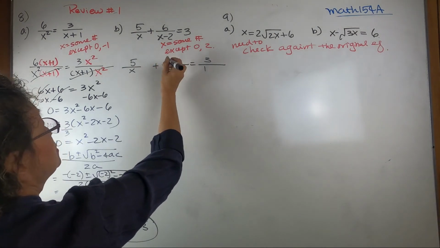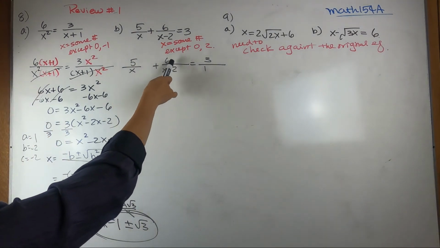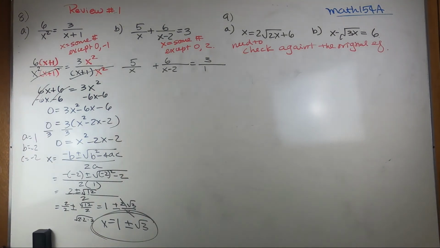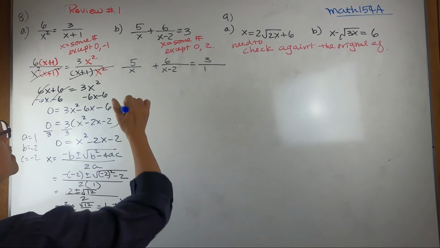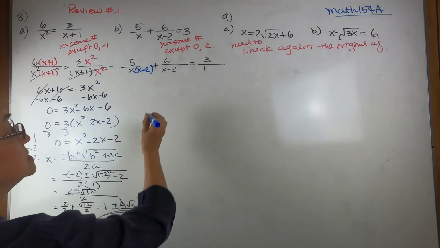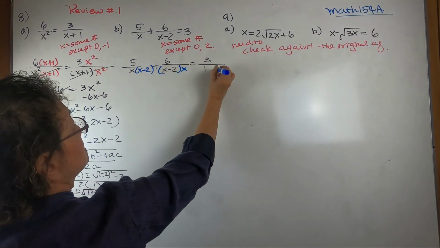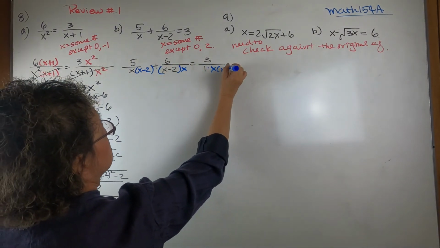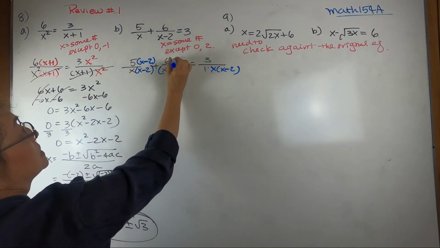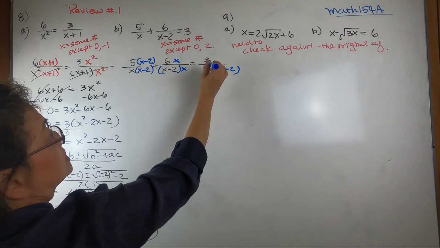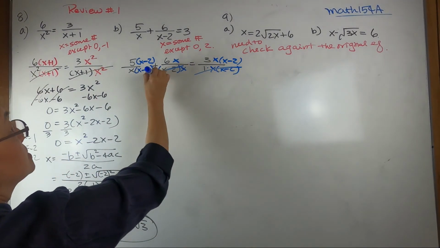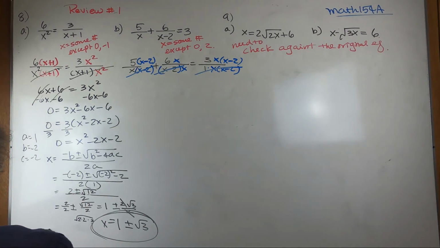So this is my original: 5 over x plus 6 over x minus 2 equals 3. So I just write it separately so I can fit in my LCD, right? X times x minus 2. So that's x minus 2 extra, x extra, then this x minus 2, right? So I don't have to worry about my denominator.